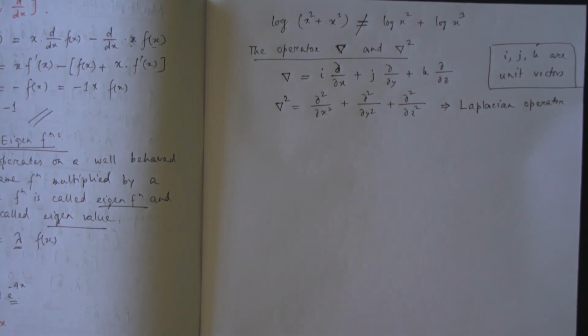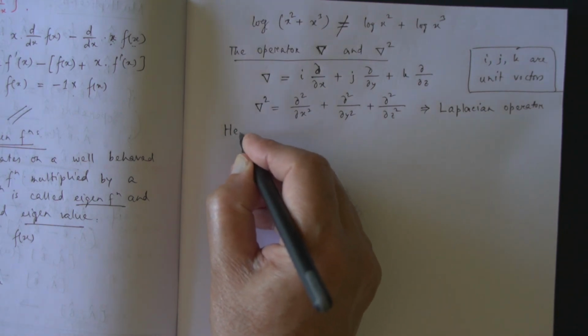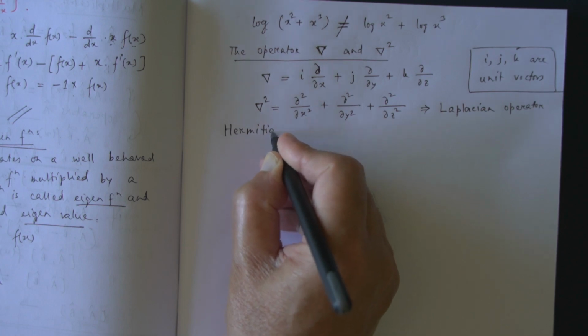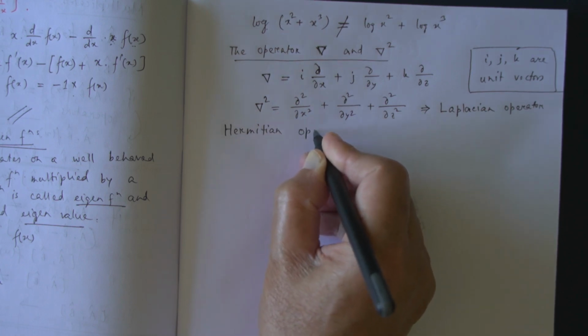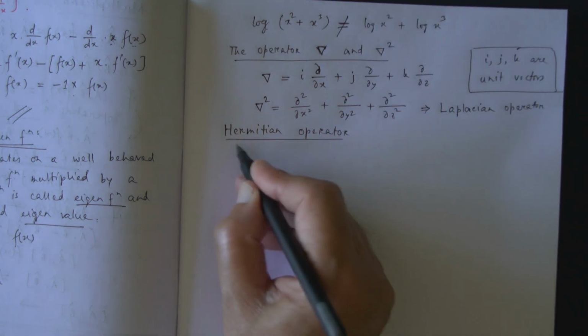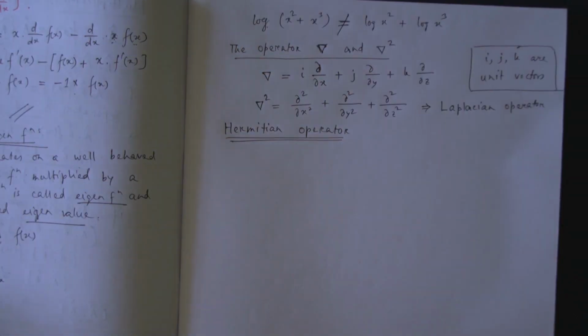Then there is another type of operator, which is called a Hermitian operator. Generally, how do we define a Hermitian operator?